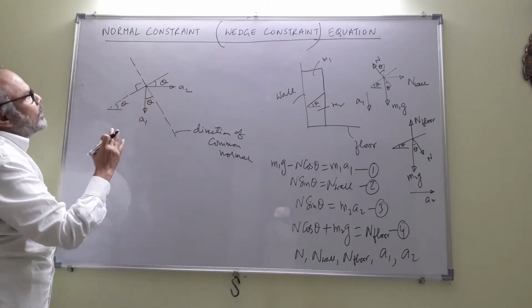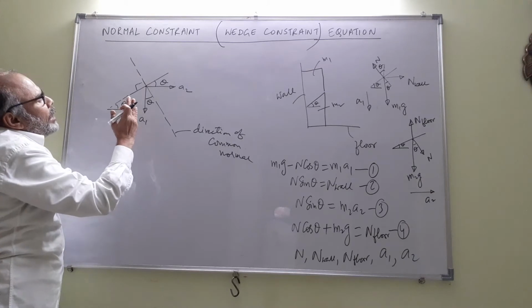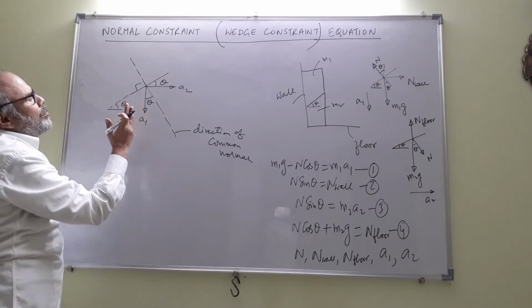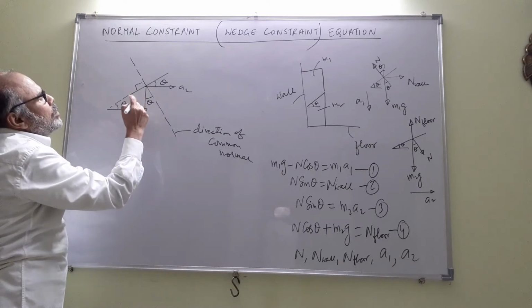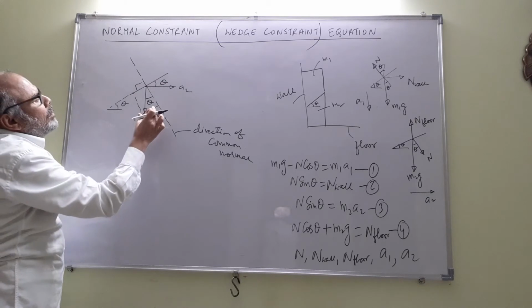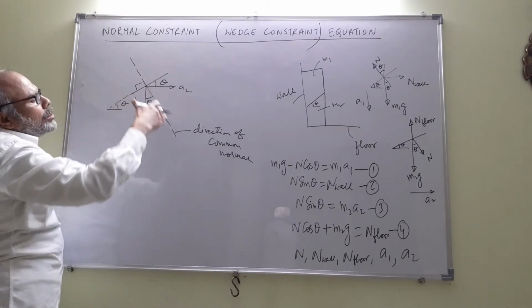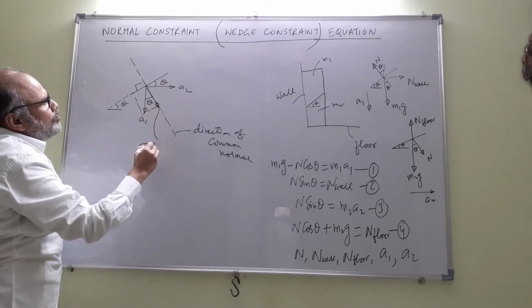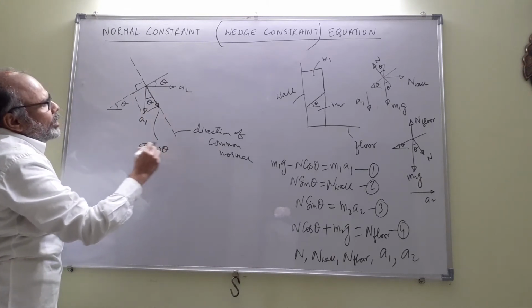So now we apply the normal constraint. The acceleration along the direction of the common normal must be the same. If you complete this rectangle with A1 as a diagonal, the component along the common normal here would be A1 cos theta.